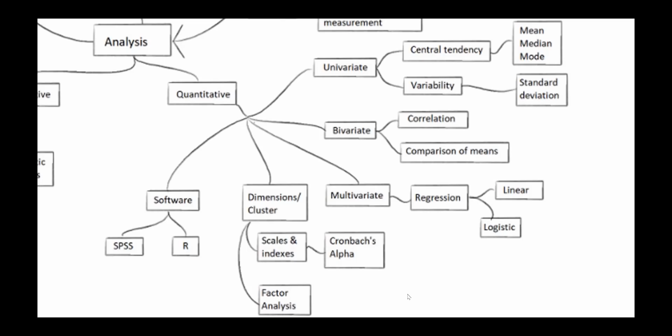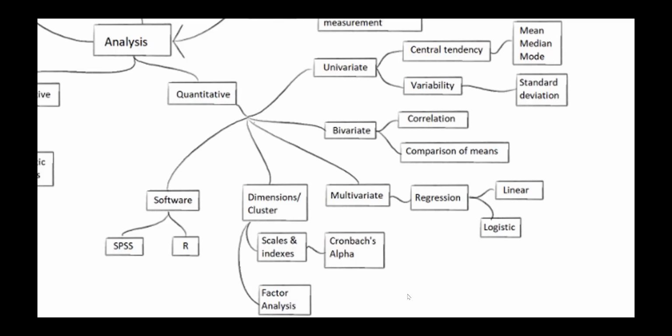For quantitative, analyzing numbers, we can think about four main ways of doing the analysis. Many of them you have a sense of already. We can think of what's called univariate, which means one variable. So we might look at things like a mean and a standard deviation of a variable. We can also look at bivariate, which means two variables, the correlation between two variables.